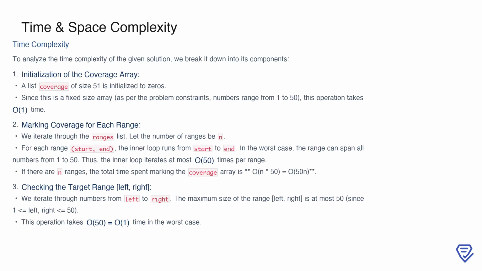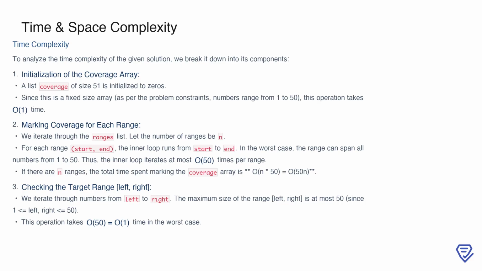To understand the time complexity of our solution, let's break it into three components. First, the initialization of the coverage array. Here, we create a list of size 51, filled with zeros. Since the array size is fixed and does not depend on the input, this operation is constant in time, or O(1). Next, we mark the array for each range in the input.